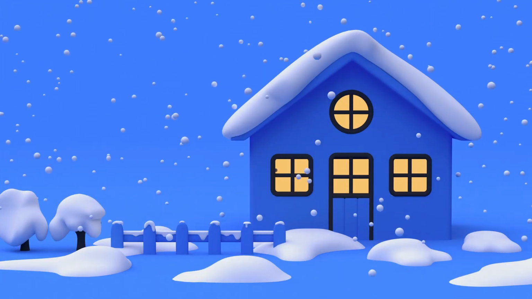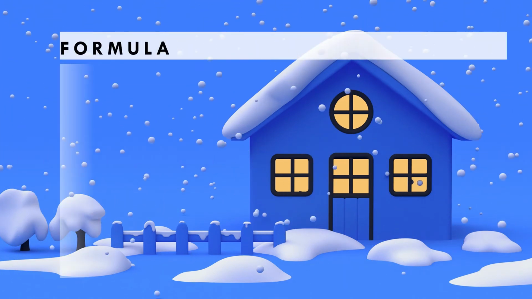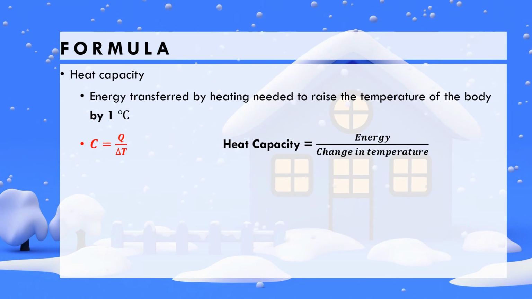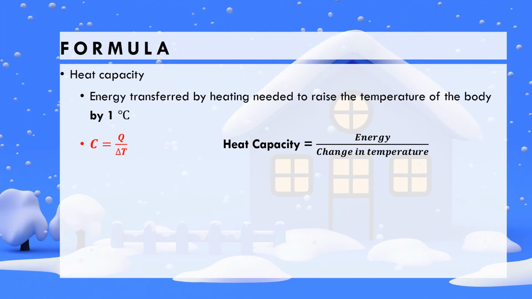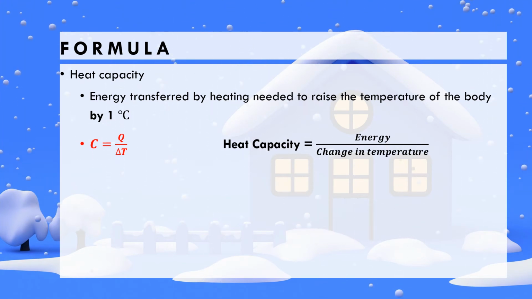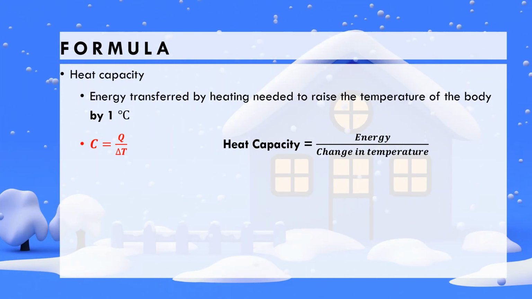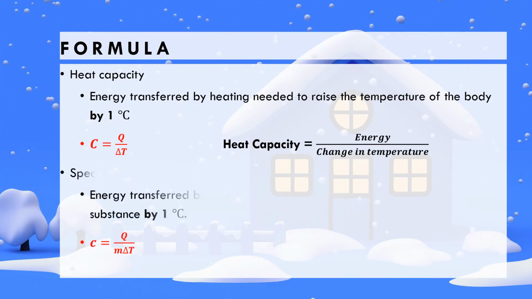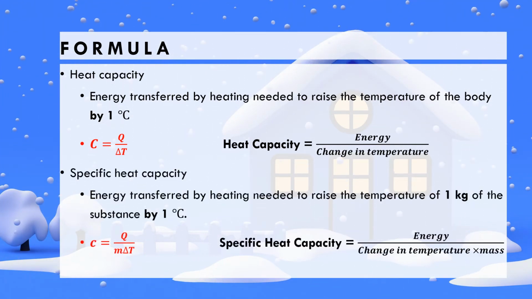In fact, heat capacity is the energy transferred by heating needed to raise the temperature of the body by 1 degree Celsius, so we can treat it as energy needed per 1 degree Celsius. Therefore, we can have a formula for heat capacity: C = Q / delta T, energy divided by the change in temperature. On the contrary, the specific heat capacity is more specific.